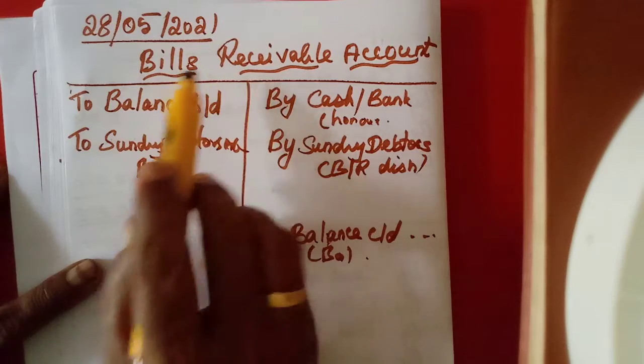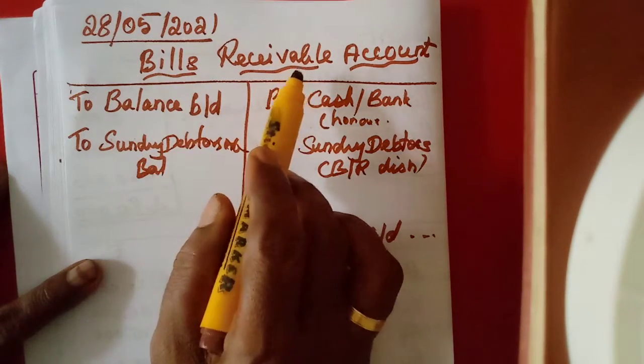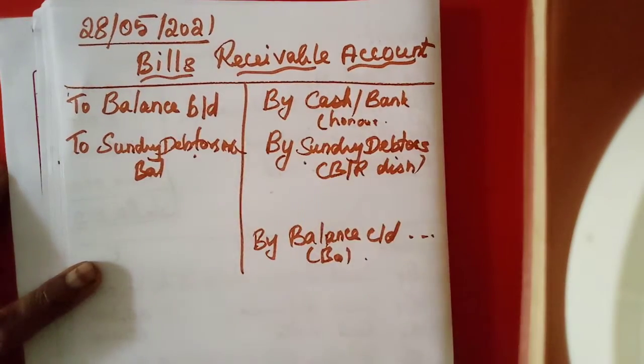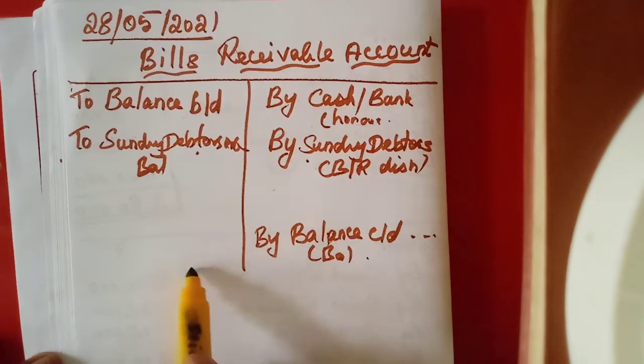Yesterday, in the previous class, I told you that if they ask us to prepare both bills receivable and sundry debtors, we have to prepare the bills receivable account first. Why? Here you see sundry debtors, here one sundry debtors, and here one sundry debtors. These will be entered in the sundry debtors account.